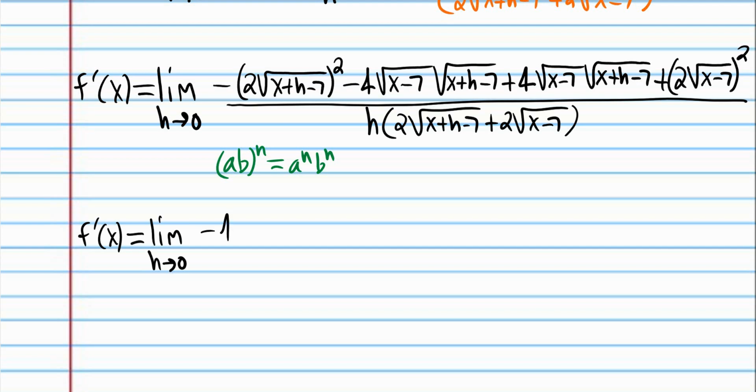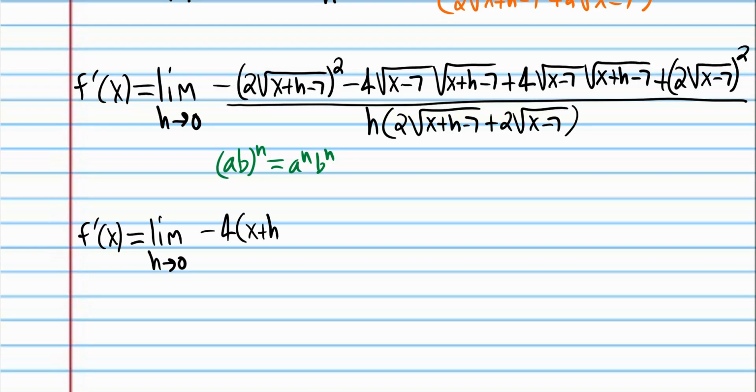So we have negative 4, and then you raise the root to the second power, because 2 is multiplied by the root, just like a is multiplied by b. So you square both the 2 and the root, and when you square the root, it just gets rid of the root.